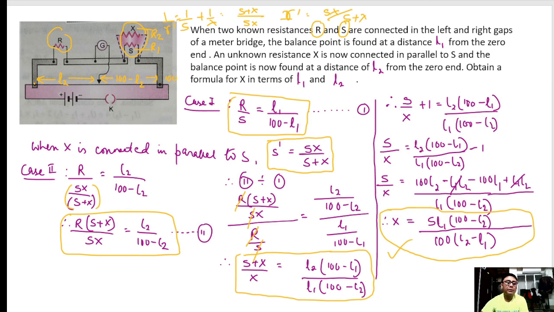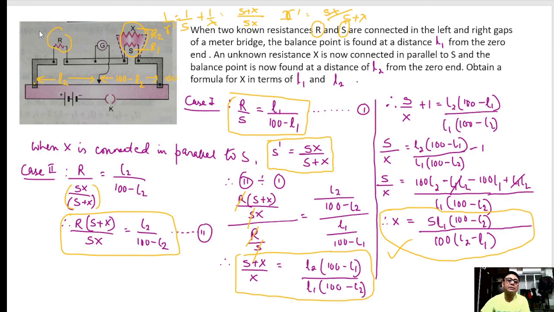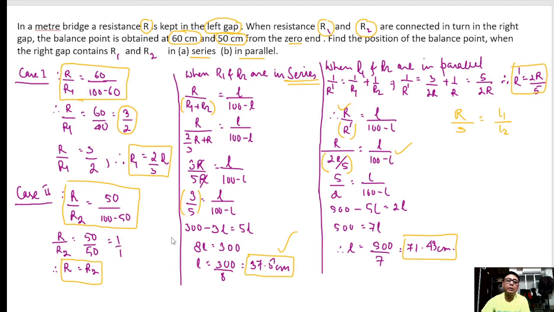This is the sum all about. When you connect them in series, how to do it, and when you connect them in parallel, how to do it. And what is this R? R is the resistance which they are telling is actually this. R1 and R2 will be connected first in series, then in parallel. So they are telling what is the value of the balance point obtained in case of series and in case of parallel.